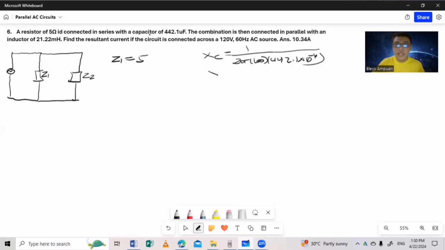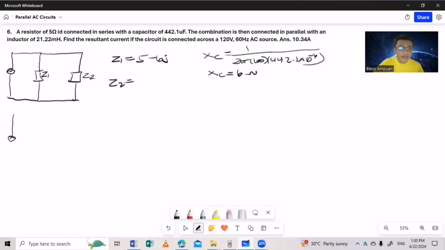So our X sub C is equal to 6 ohms. Therefore this is negative 6j.